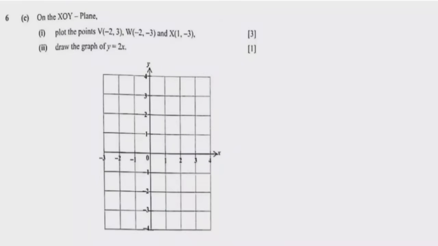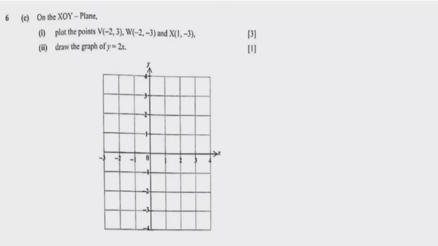On the x-y plane, plot the points V(-2, 3), W(-2, -3), and X(1, -3).